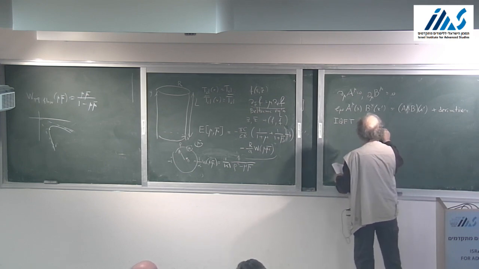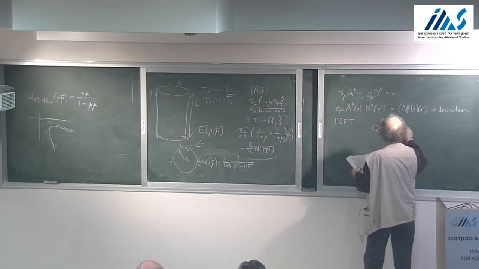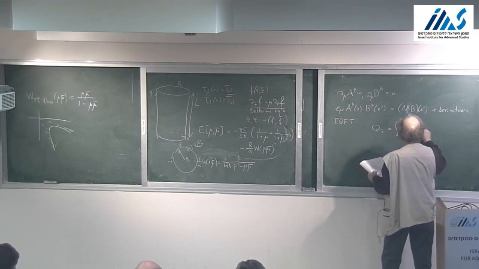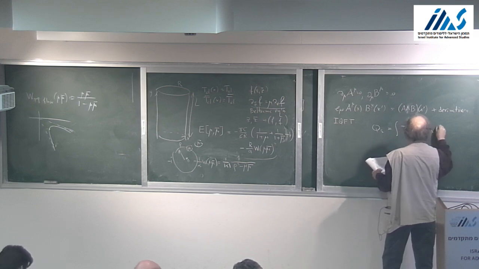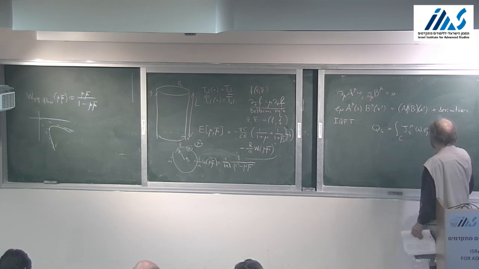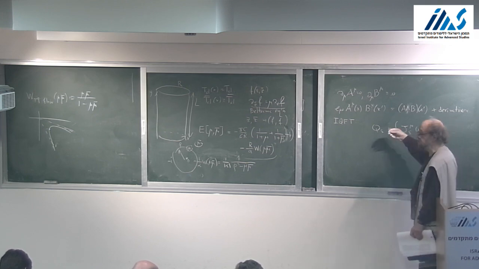Q sub S, which is the integral of J mu sub S of x, epsilon mu lambda dx lambda over some contour, and S represents the spin.